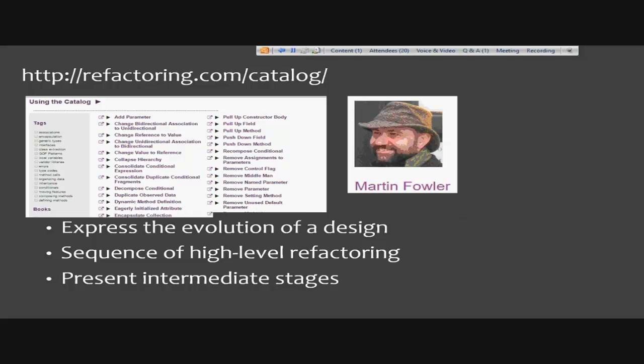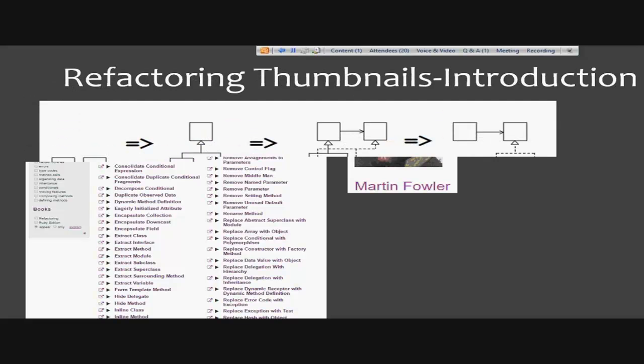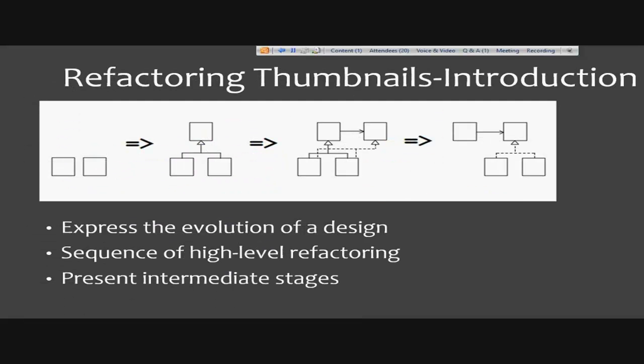Why refactoring thumbnails? Because it is a visual technique. You represent all our systems, or the parts where we see a refactoring opportunity, such as code bases, code parts, components or modules, as visual diagrams.